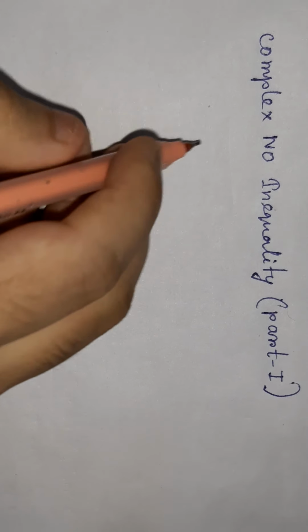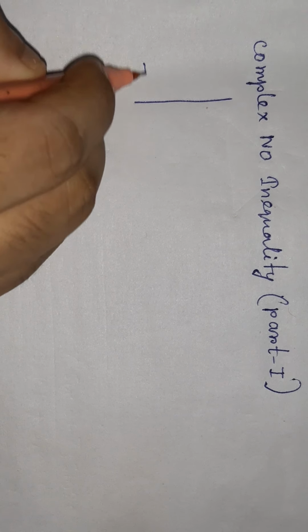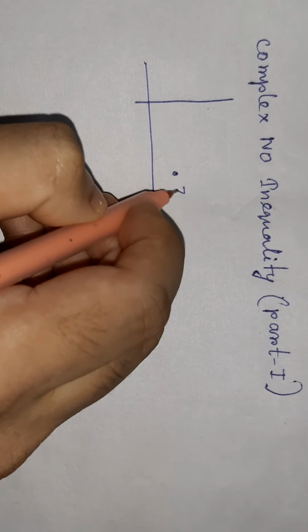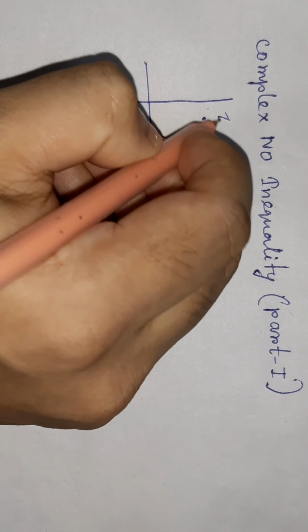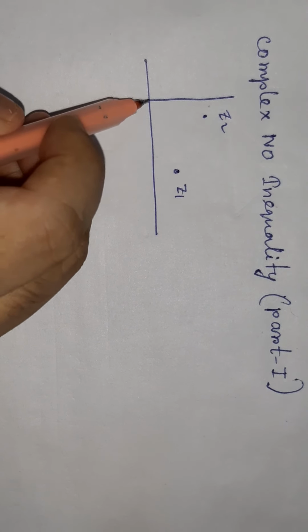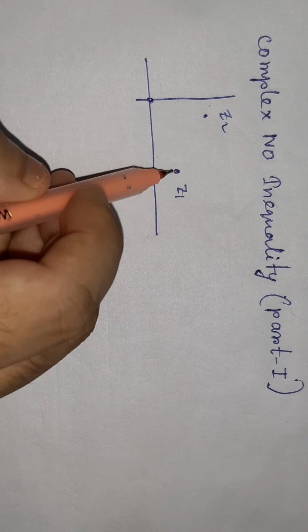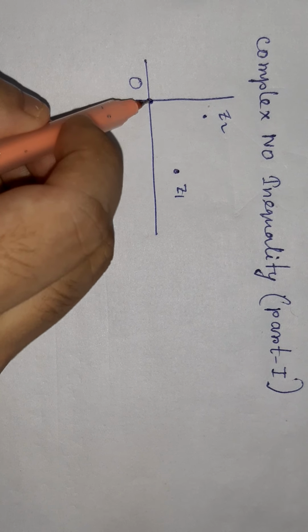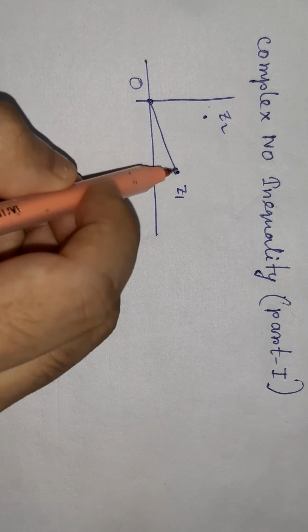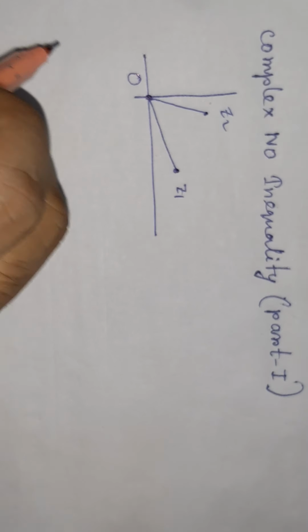So consider we have two complex numbers in the complex plane, z1 and z2, and connect these two complex numbers with the origin O, that is OZ1 and OZ2.